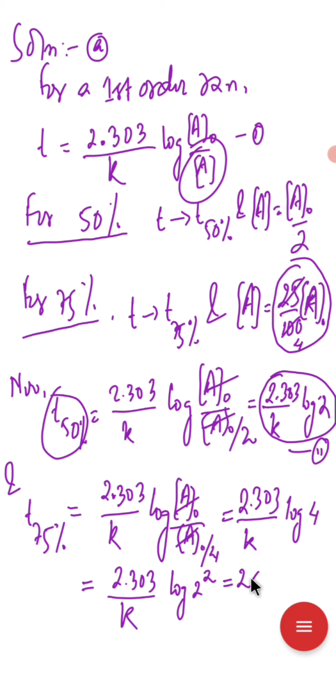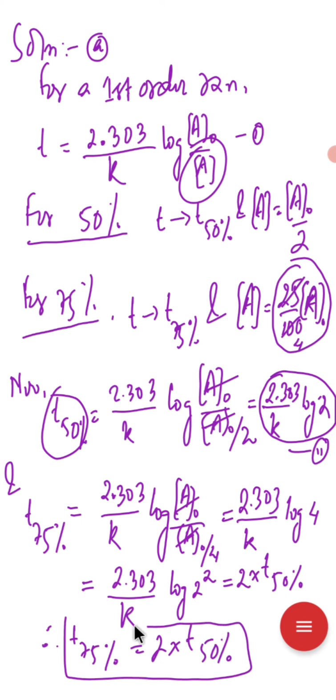So I can just substitute this whole term as T50%, right? So therefore T75% is equal to 2 times of T50%, right? So we have proved this relation. Okay, let me prove the second one again, but in a different way. Okay, let me erase this.